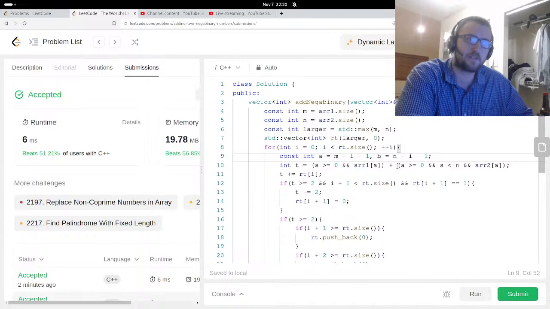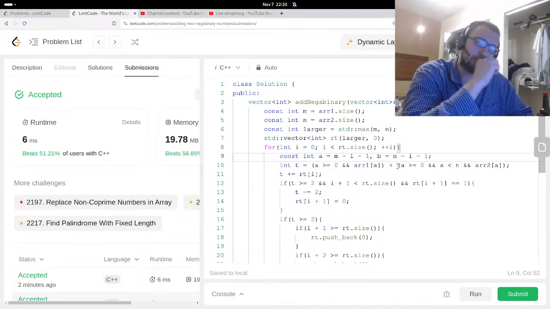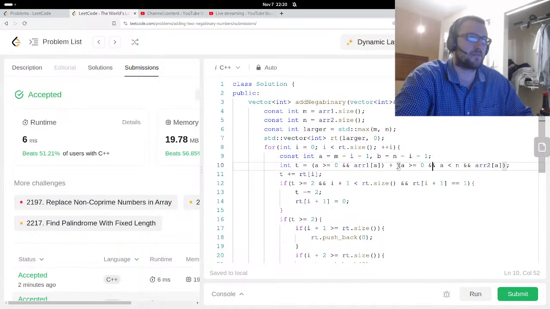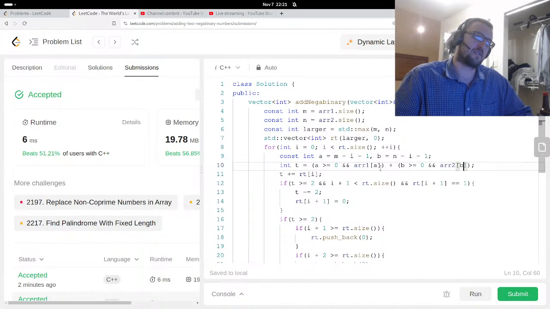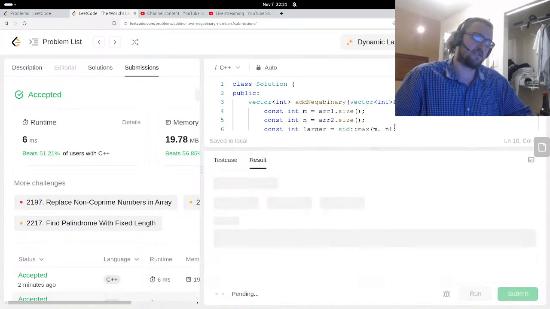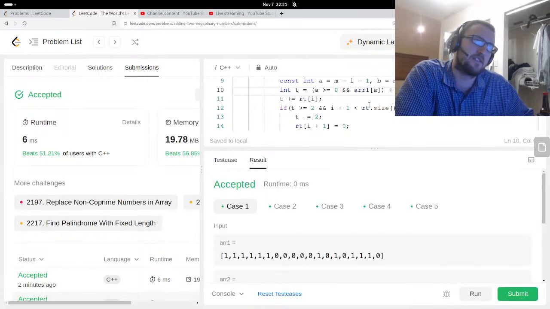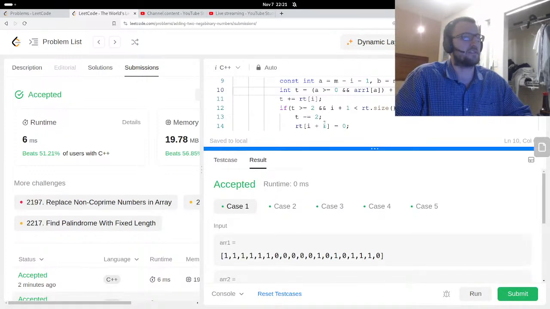Yes, the least significant bit is on the beginning, which is n minus I minus 1. But I had it right the first time. Yeah. Something like this. There we go. Hey, okay.